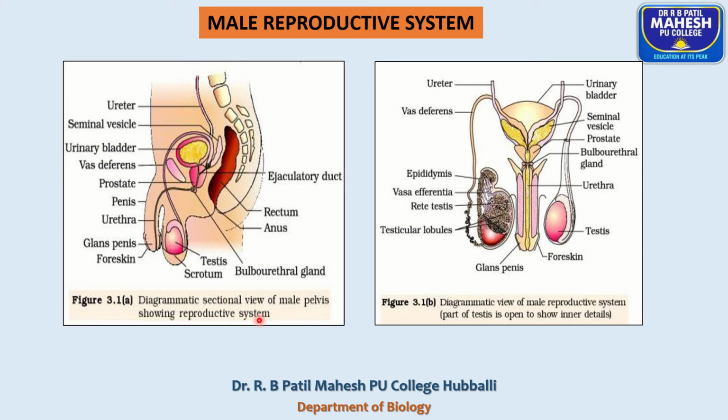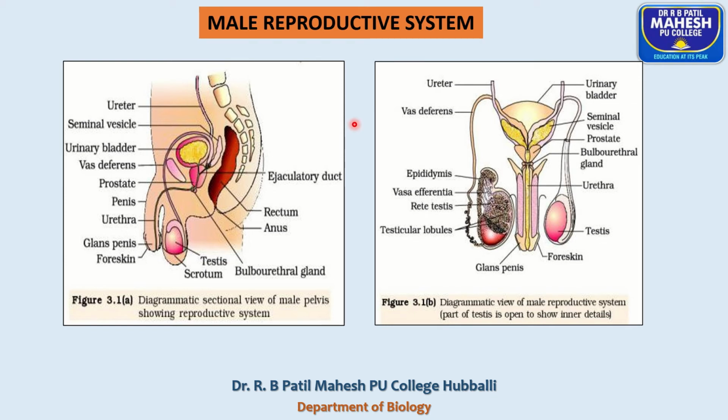Coming back to the secondary sex organs: these are the organs that neither produce sex cells nor secrete sex hormones, but help in the process of reproduction. The male reproductive system consists of male primary sex organs and male secondary sex organs.